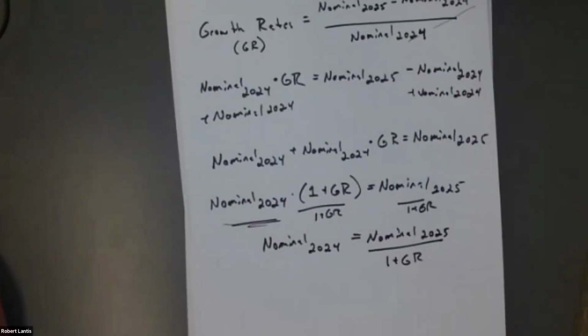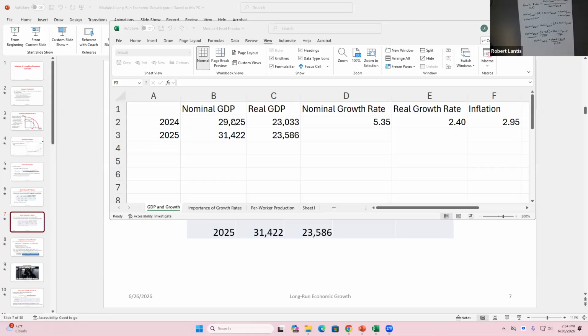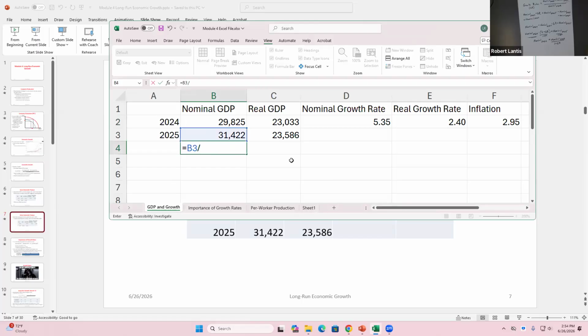So if I look here at our example, if I didn't know what my nominal GDP was in 2024, but I know the growth rate and I know my current GDP, we just said, how should I be able to solve for that? It should be the current nominal GDP divided by 1 plus my growth rate. Now, the problem here is, and the point I want to make, is that if I do this, I should get 29,000. Oh, what went wrong?